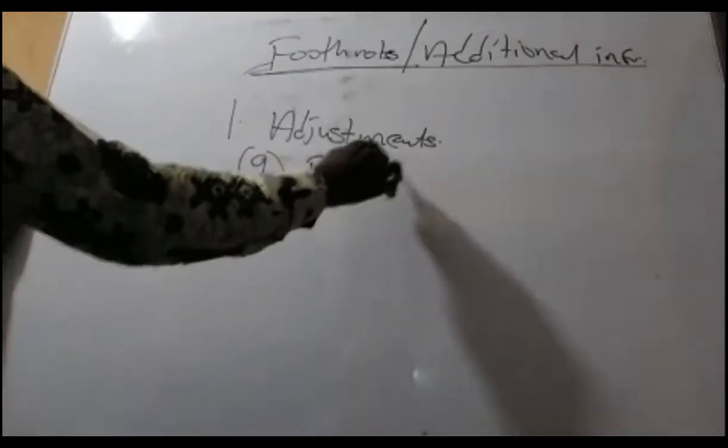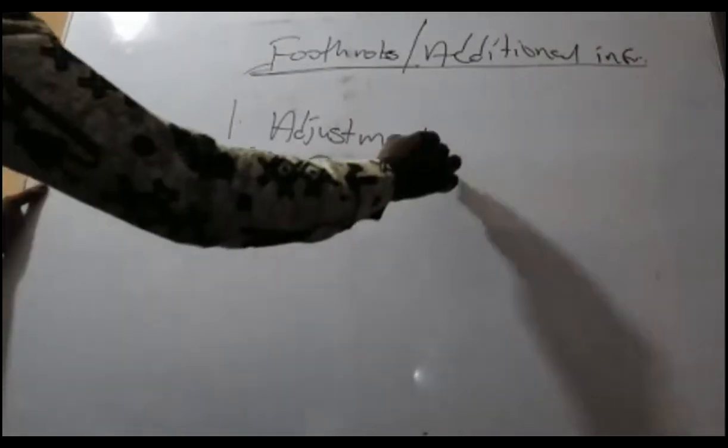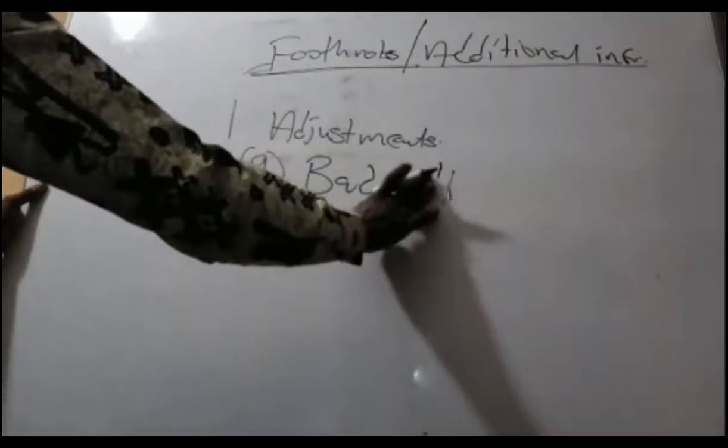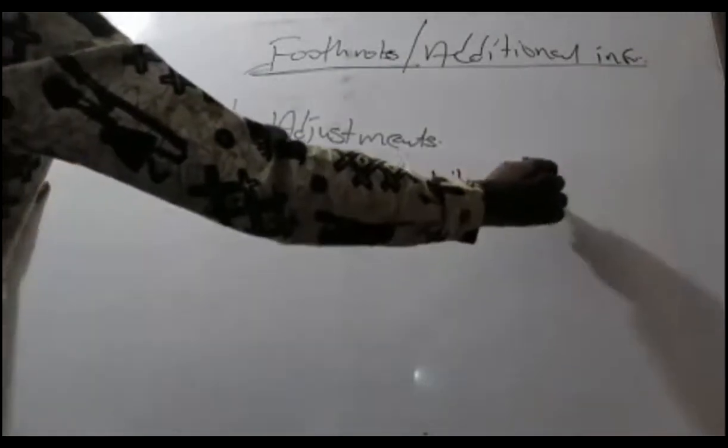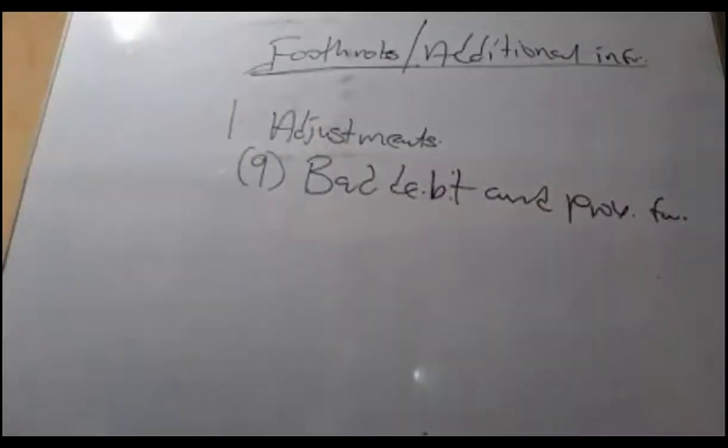First one is bad debts. Bad debts and provision for bad debts. So at least either one or a few of the notes will talk about bad debts and provision for bad debts. So we should know that.